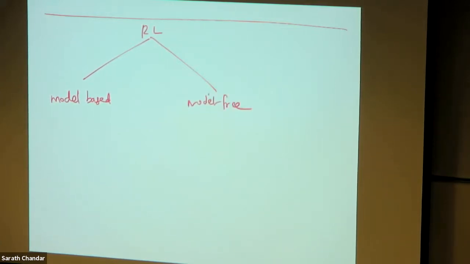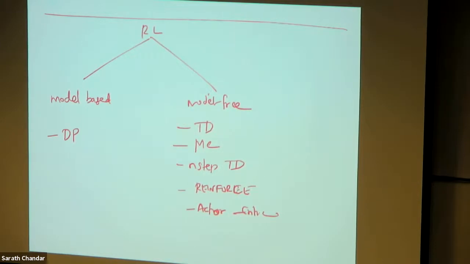In the case of model free algorithms, we have methods like TD or Monte Carlo or n-step TD, and we also have REINFORCE, actor critic. For model based, we have the DP methods where we assume that the model is given, or you can also learn the model. For learning the model, we looked at Dyna.